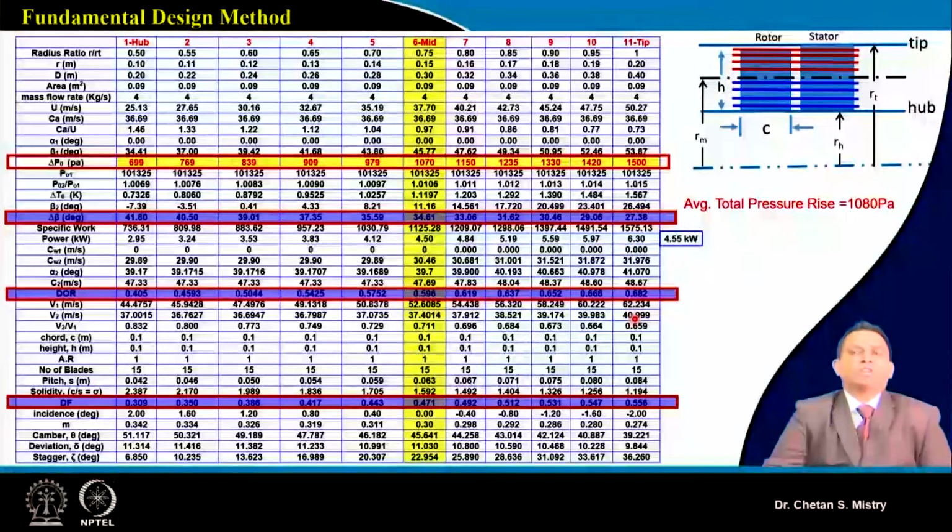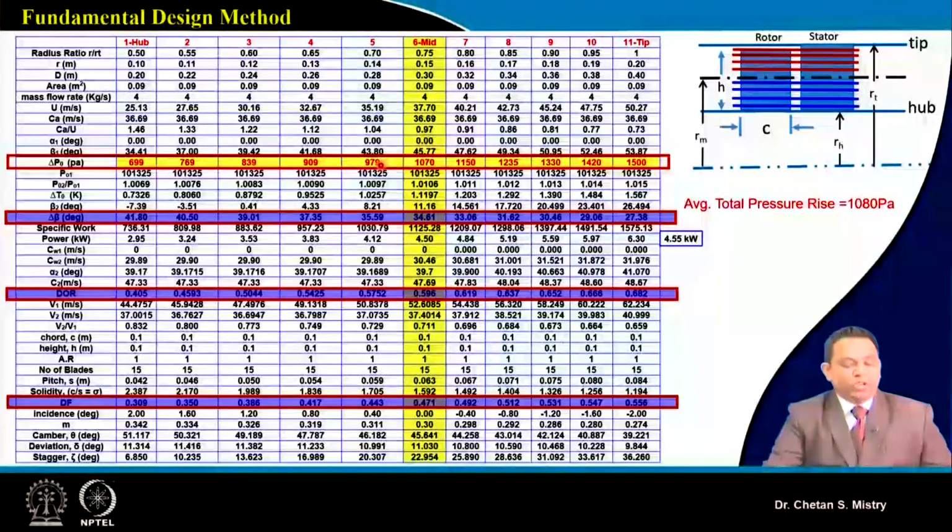So near the tip region this de Haller's number is slightly on the lower side, but that is acceptable. It is preferred that this number be slightly higher, but by doing that you may need to play with the other numbers and keep an eye on them. So this whole design is based on what number we select for this delta P0. Now this is a very great flexibility for the designer.